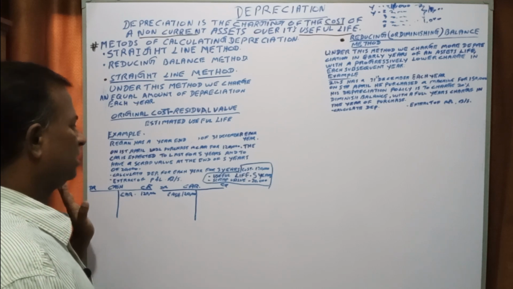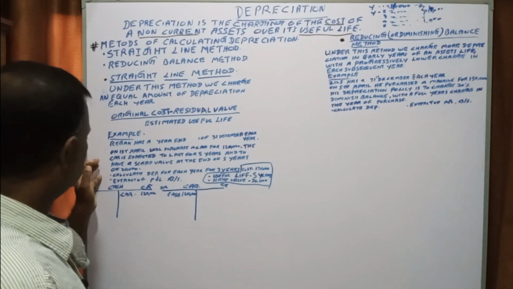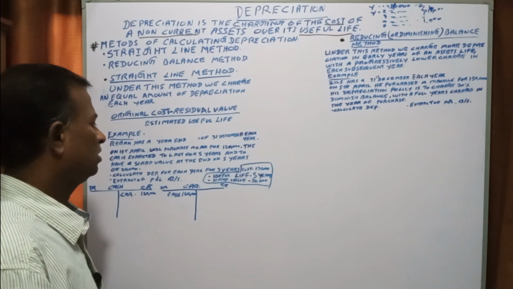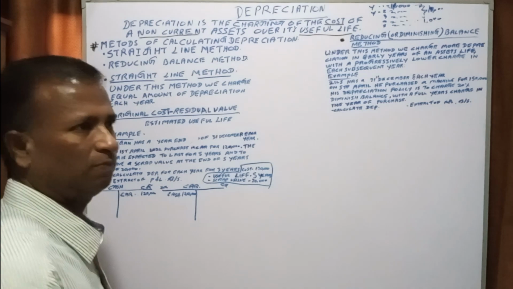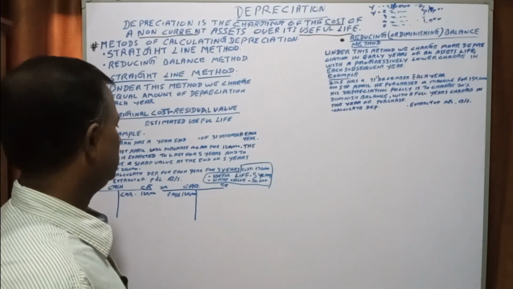Now we have to pass entries for the question only. The question is to calculate the depreciation for each year for 3 years.